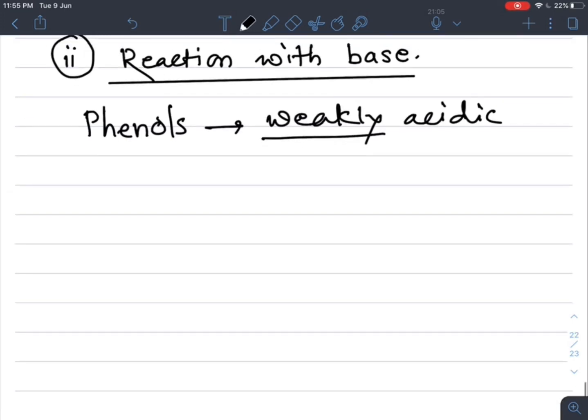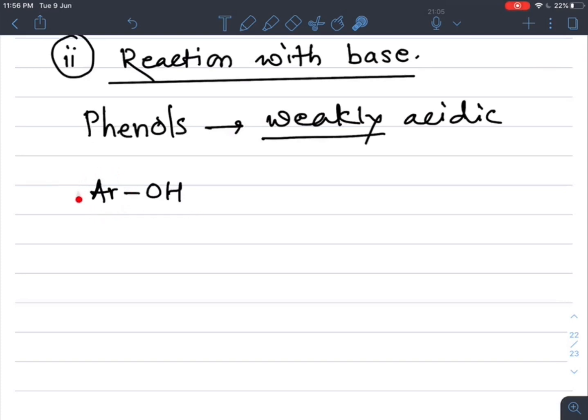If these phenols are treated with a base, suppose we write this reaction as ArOH. Phenol means an aromatic ring, that is, a benzene ring attached with the OH group. So this is the phenol.